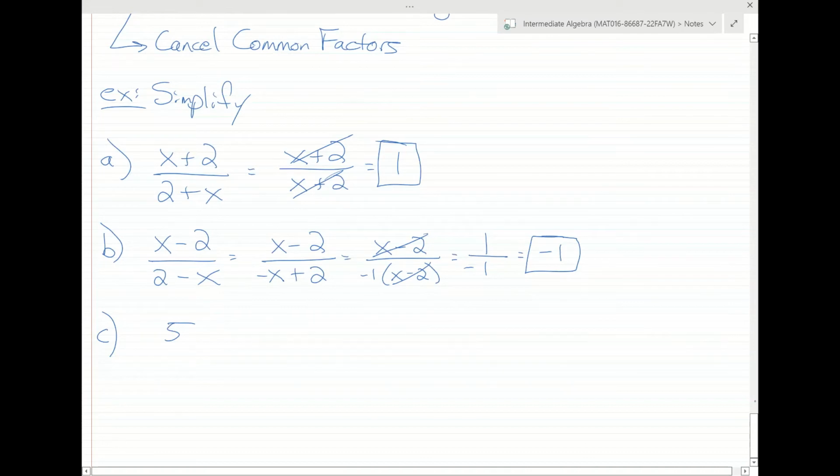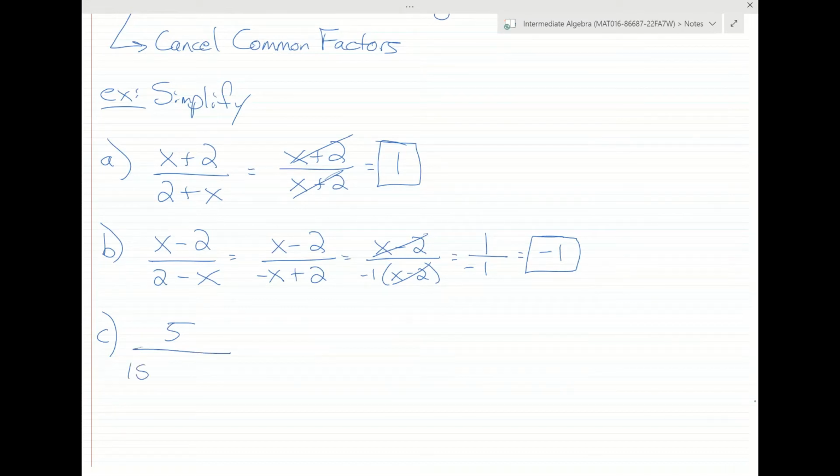All right, what if we had 5 over 15x plus 75? Well, we could factor out a 15 from the bottom.